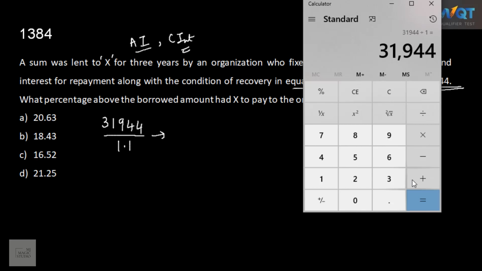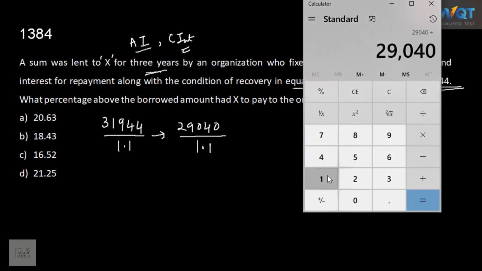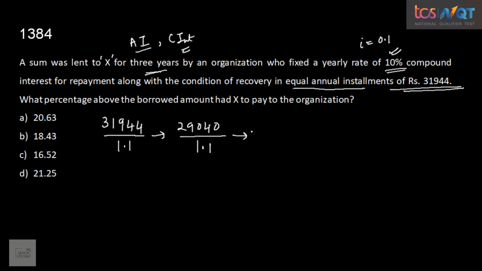31,944 divided by 1.1 will give 29,040. 29,040 divided again by 1.1. Why? Because 3 times we need to divide, as we have 3 yearly installments. Divide by 1.1. 26,400.